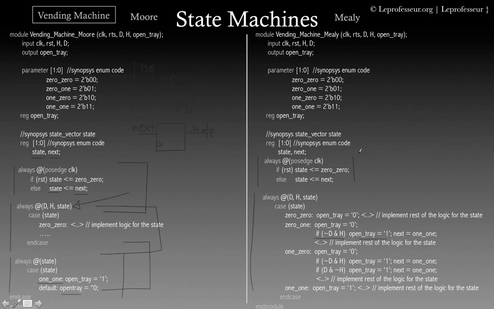You have a separate always block for sequential logic, or the registering part of your digital circuit where states are registered, and a separate part for combinatorial logic. And if you have to register, say for example, the open tray output, you can write one more always block for registering that output, and a bunch of other things you can do. Right, so that was the basic and fundamental idea about how to design state machines.